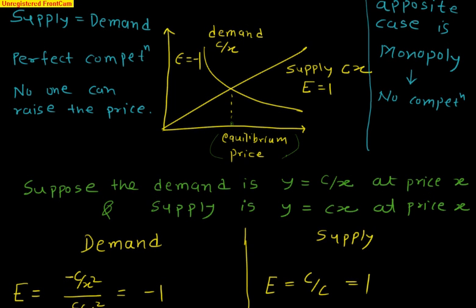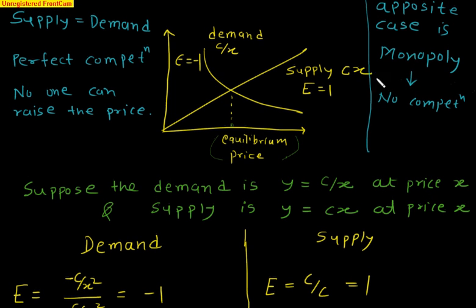Another case is monopoly or no competition. For example, you are the only producer of a particular product, that is the monopoly, because you can set any price of your product.